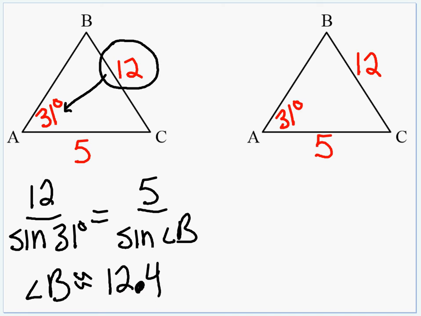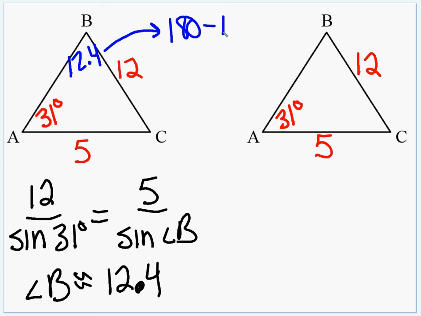12.4. So now I'm going to go back up to my picture. And in my first triangle, I'm going to switch to blue ink. I'm going to put in 12.4 for angle B. And now this is where I check the other triangle. If there is another triangle out there, its angle B is going to be 180 minus 12.4.